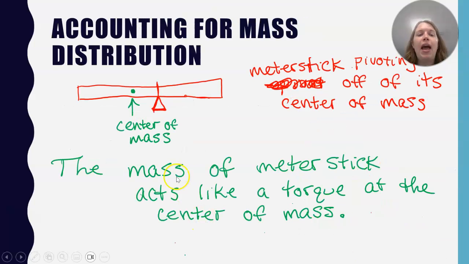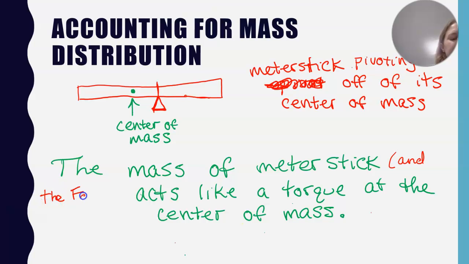So if we have a meter stick pivoting off of a point that isn't its center of mass, like the center of mass is here, but we have our pivot here, then we need to treat the mass of the meter stick and the force it exerts as associated with a torque that's happening at the center of mass.